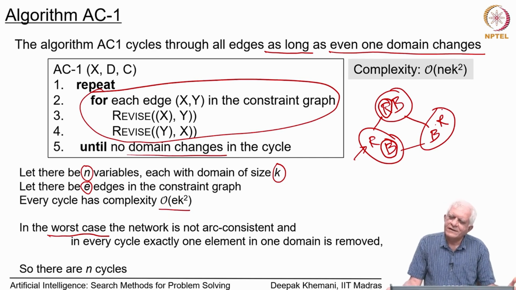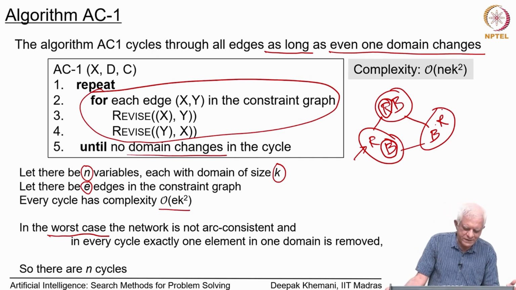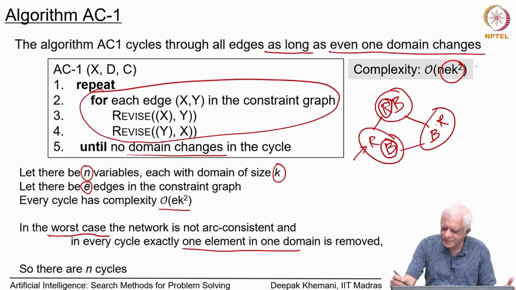The worst case is, if in every cycle one element is removed, then you can see that there are n into k values. So, this should be actually order n e k cube.